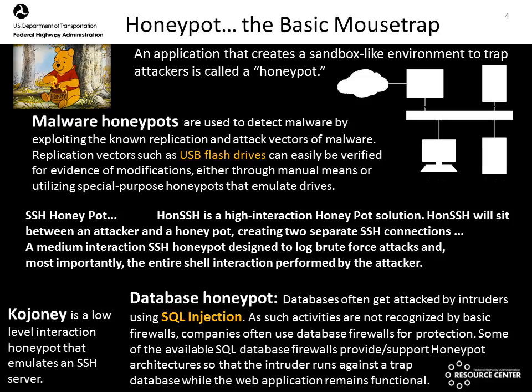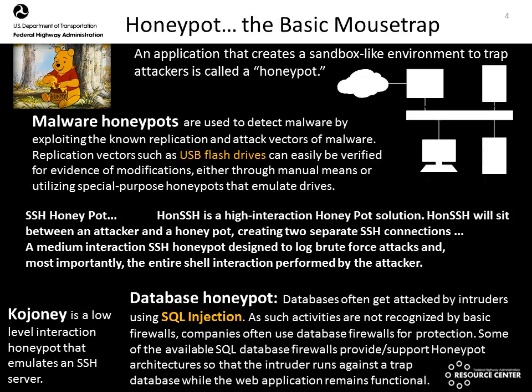It will sit between an attacker and a honeypot, creating two separate SSH connections. A medium interaction SSH honeypot is designed to log brute force attacks and, most importantly, the entire shell interaction performed by the attacker.